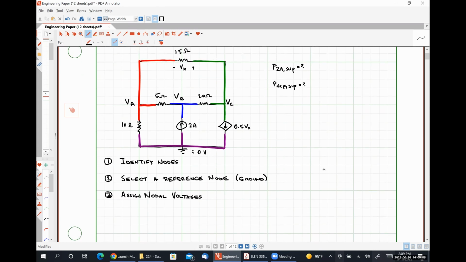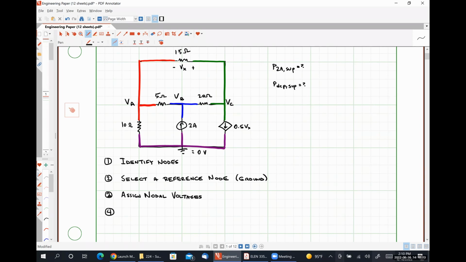All right, let's move along to step number 4. Step number 4 is an optional step, but I'm choosing to place it here because this is one of the easiest equations to forget to write.